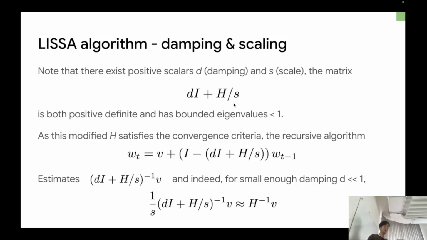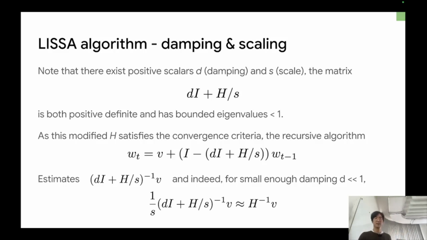Then what you can do is introduce some modifications of the Hessian to make it still positive definite and to scale the eigenvalues below 1. So you're adding a damping term to the diagonals of the Hessian by the amount d, ideally a very small amount. And then you're scaling everything down by s, okay? When s is large enough, the eigenvalues are supposed to be bounded below 1.